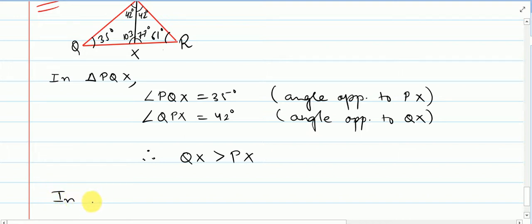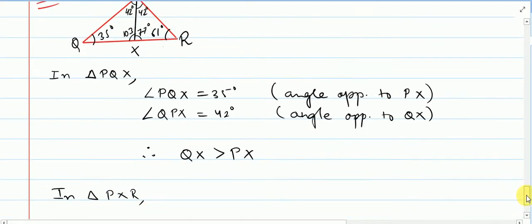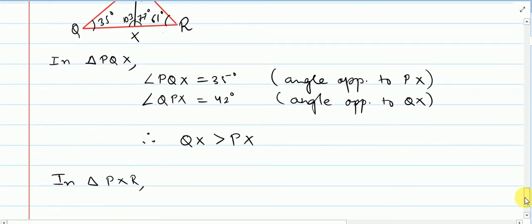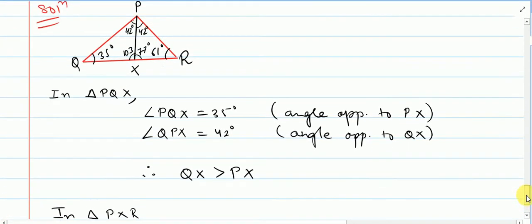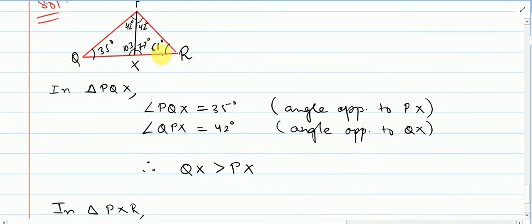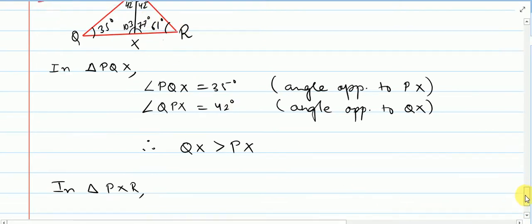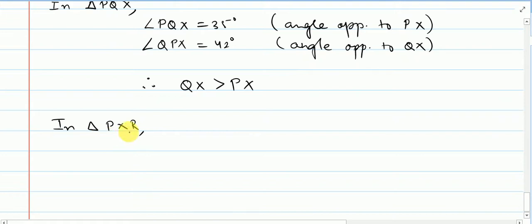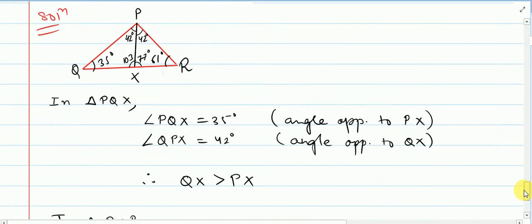Now come to this triangle, triangle PXR. In this triangle you can see the angle opposite to PX is 61, and the angle opposite to XR is 42. So here I can write angle PRX is equal to 61 degree and angle RPX is equal to 42.